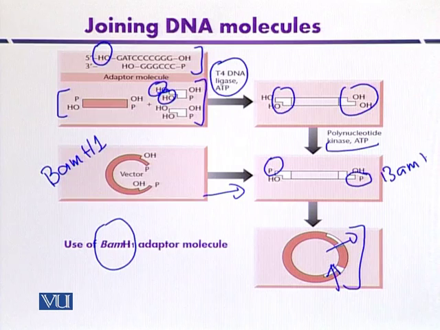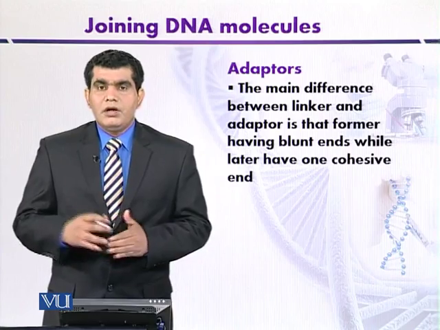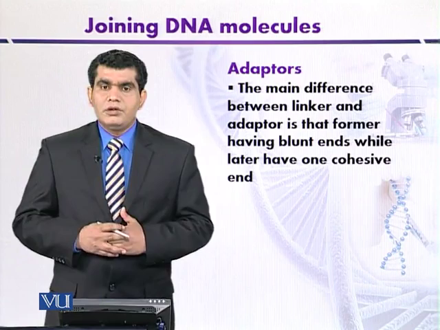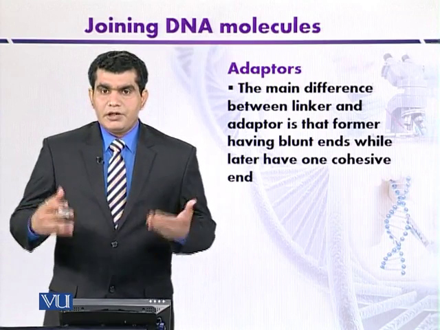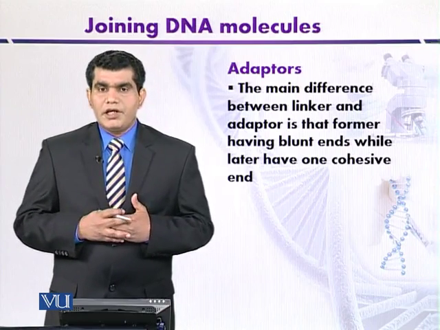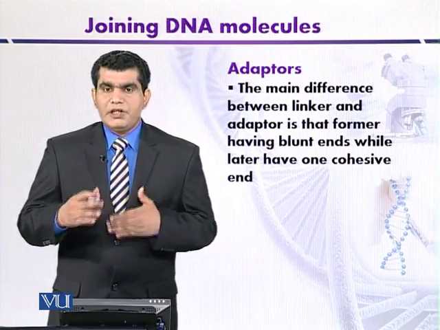So this is one of the examples of the use of adapter molecules with BIO732 cohesive ends. So the linker molecules and adapter molecules can be used to ligate blunt ends, and blunt end ligation is very well facilitated.